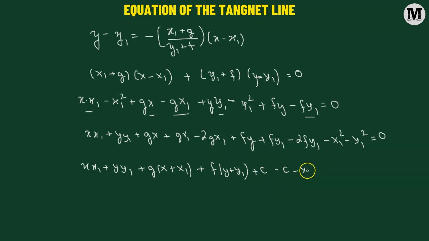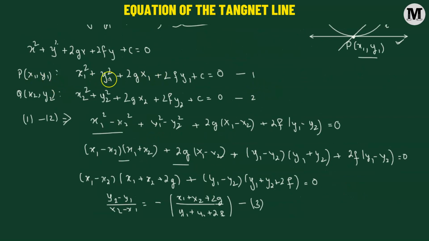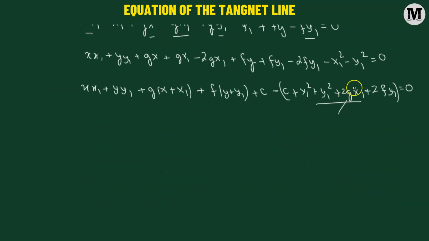So we have negative x1 squared, negative y1 squared, then we have negative 2gx1 minus 2fy1 equals 0. So if we take negative as the common factor, we have c plus x1 squared plus y1 squared plus 2gx1 plus 2fy1, and this expression is equal to 0. We have already defined this for the point P. So this is equation number 1. This is equal to 0. So this entire expression goes to 0.